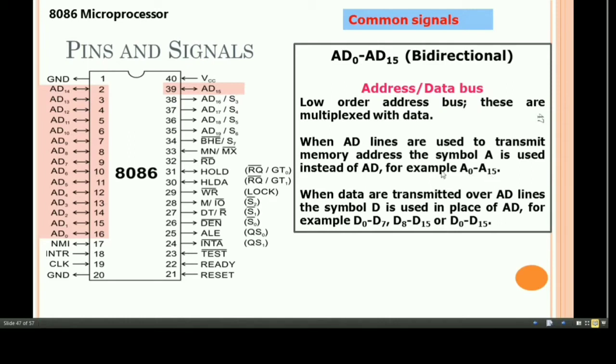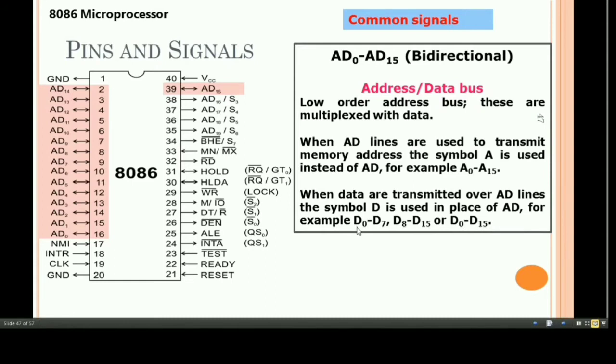Similarly, whenever these lines are used to transmit data, instead of AD the symbol D is used, and these pins are called either D0 to D7, D8 to D15 or D0 to D15.